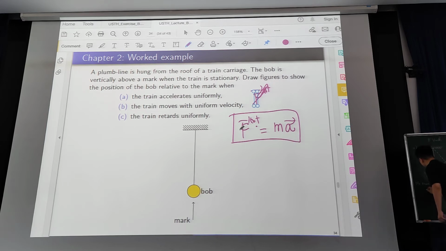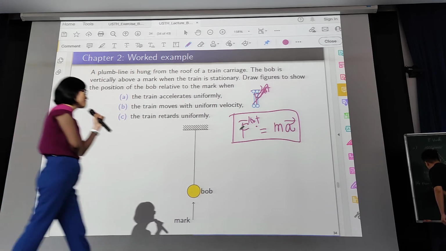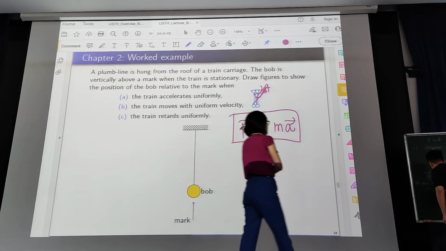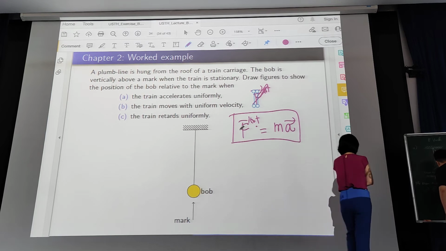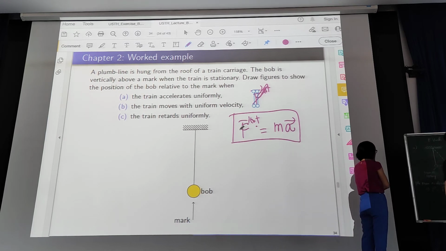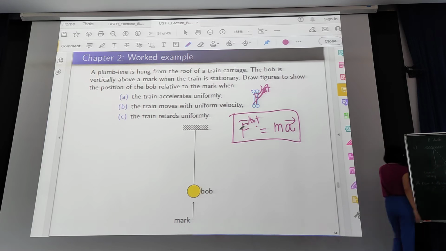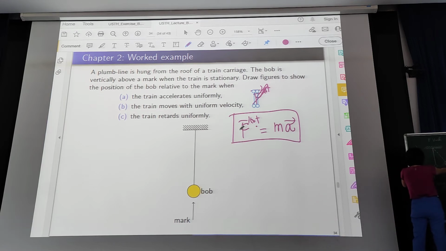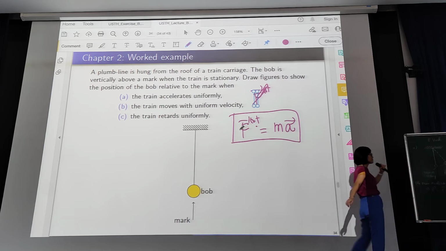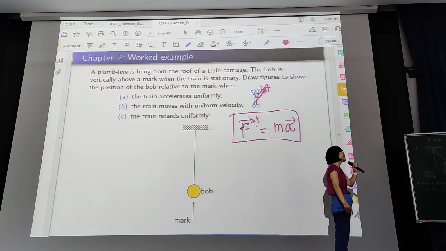Uniform acceleration. F equals ma. But where is F1? The quantum.